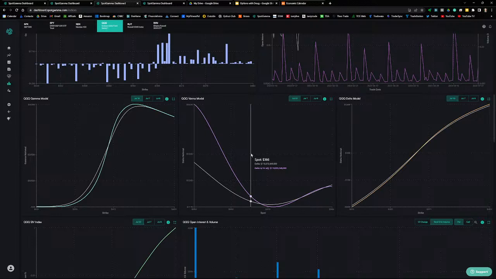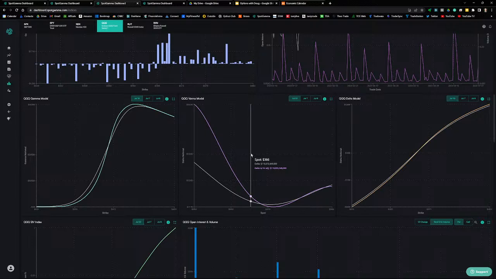So for gamma notional, all became less positive or negative. So shifts down in gamma notional for SPX, SPY, NDX, and QQQ. So SPY and QQQ became more negative and SPX became less positive. So looking for a little bit higher volatility. Remember, as gamma notional becomes more negative, that tends to increase volatility.